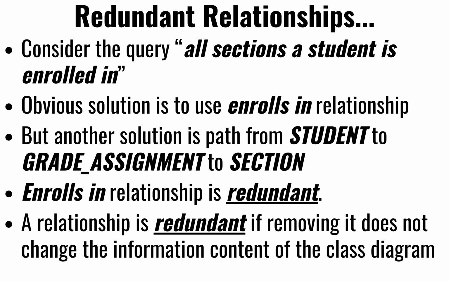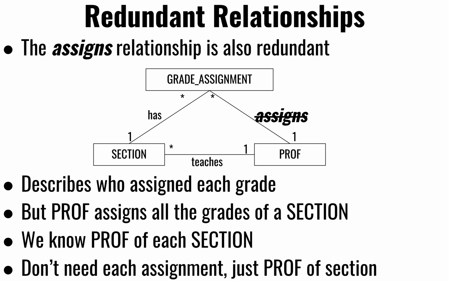So we can look at some other relationships that might be redundant, that might be already captured by some other association. For instance, in our class diagram, we have the relationship that the grade assignment is assigned by a professor.